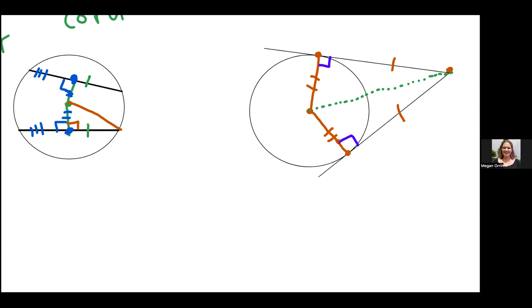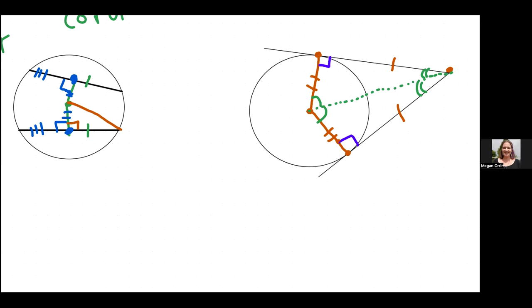These two angles are going to be equal, aren't they? And these two angles are also going to be equal. So I now have two perfectly congruent, remember that word congruent means all the sides and angles are equal, triangles, and they're right angle triangles, which is even better.